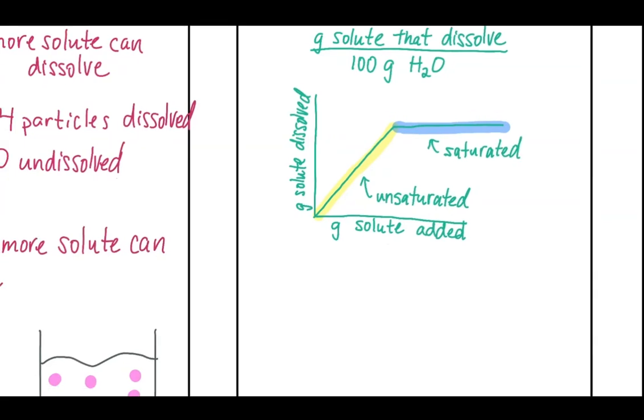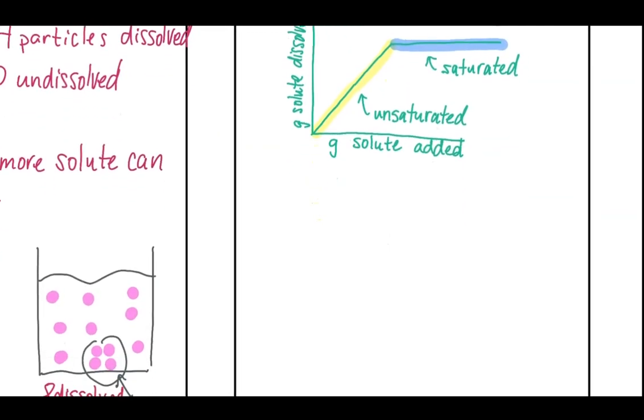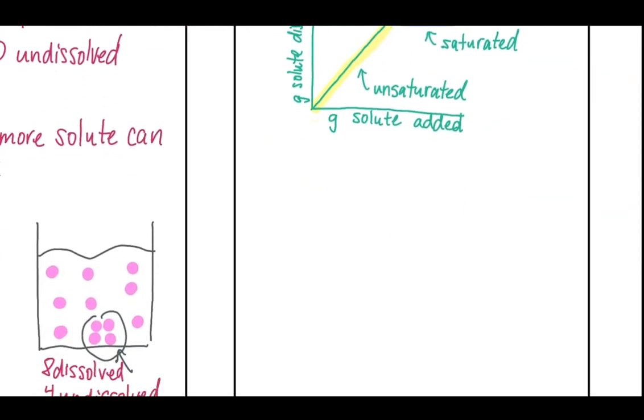Okay. One final symbolic way that we can look at solubility is with a solubility curve, which we're going to define real quick. You've seen these in the models as well as on worksheet number 1.